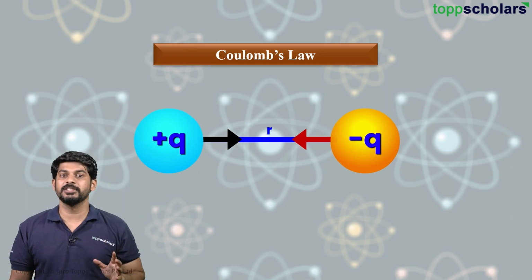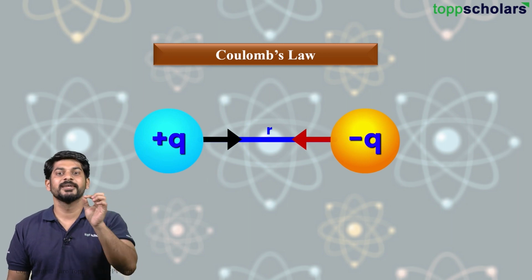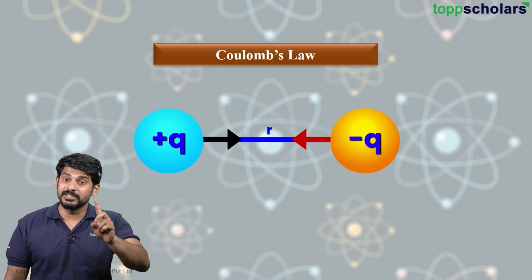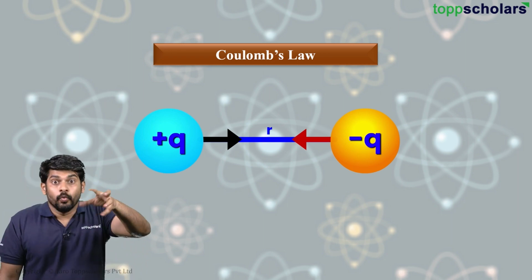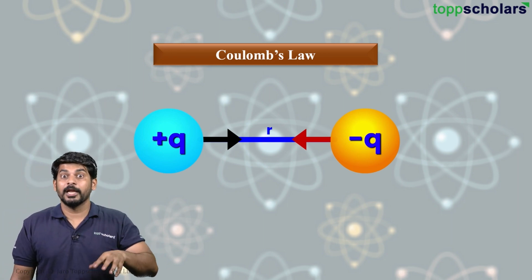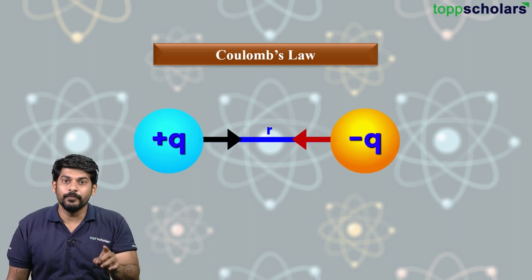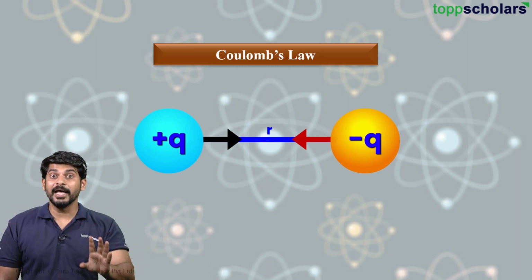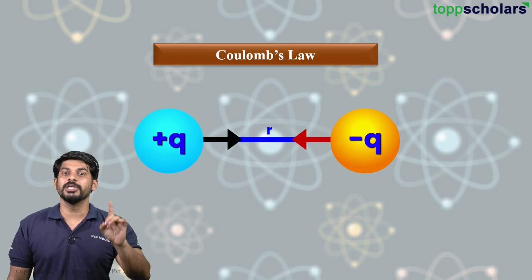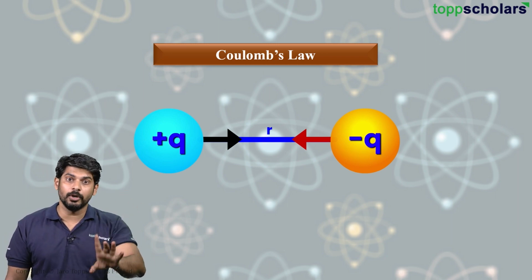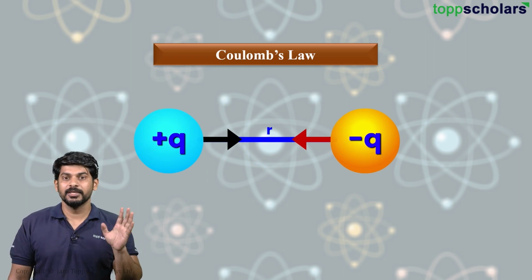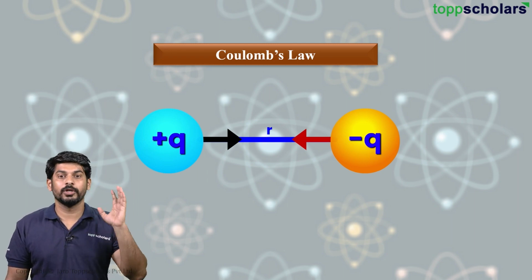For example, we have a plus Q charge and a minus Q charge placed at a distance r from each other. What will be the force between them and what will be the direction? That was found out by Coulomb, and he gave one very important law, which gives us magnitude as well as direction. So let's look at this law now.